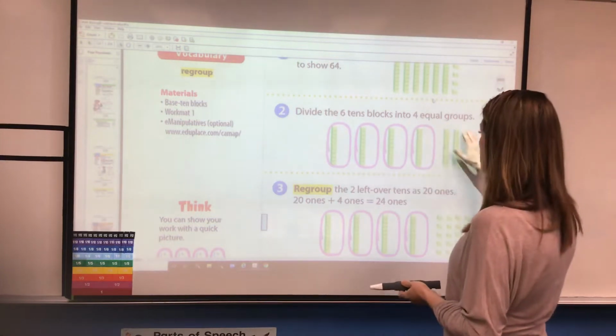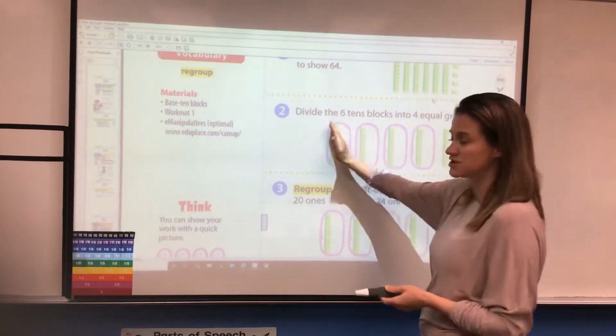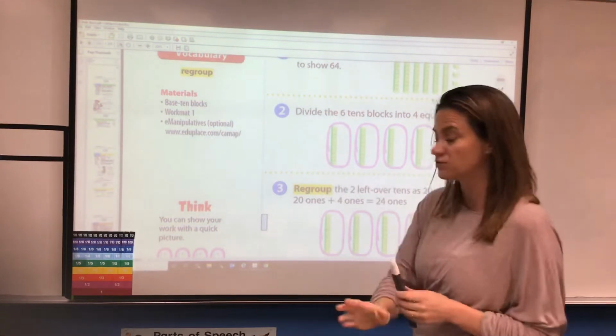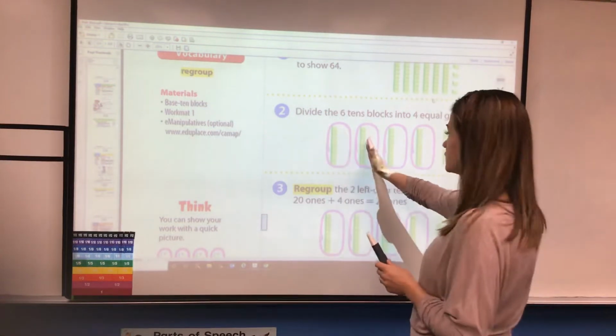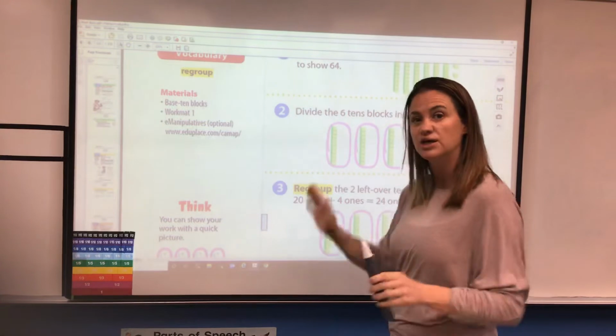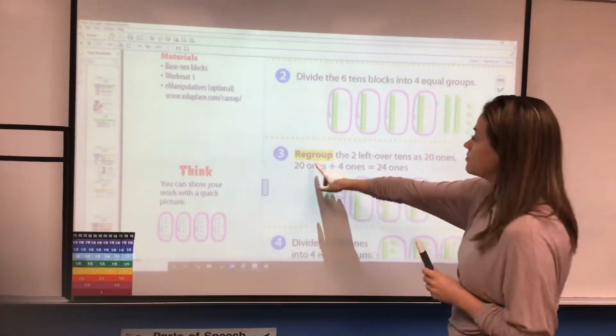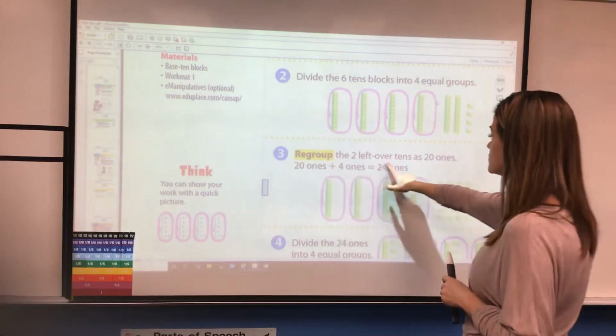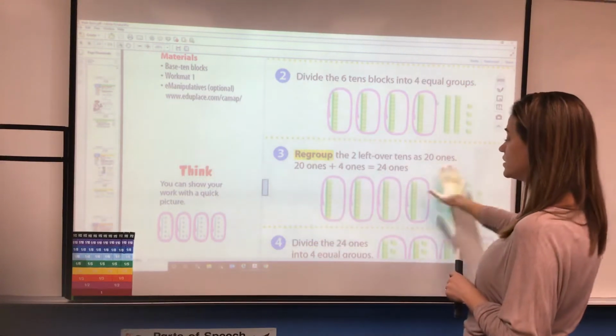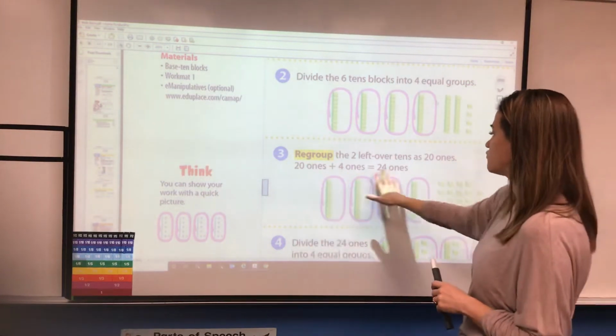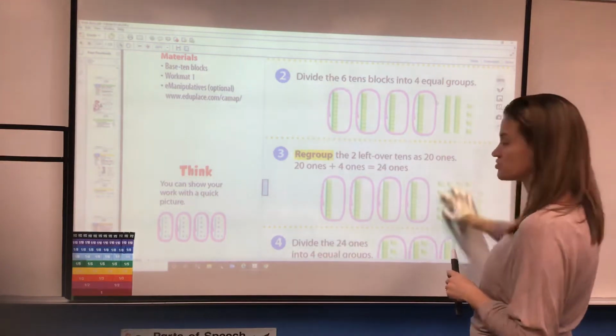They've got the 2 left over because you only have 4 places to put it, and you got to do it equally. You can't just put 1 here and 1 here. If they can't go in equally, you got to leave them to the side and regroup them. Step 3 says to regroup the 2 leftover 10s as 20 ones. 20 ones plus 4 ones equals 24, so that's what they did.